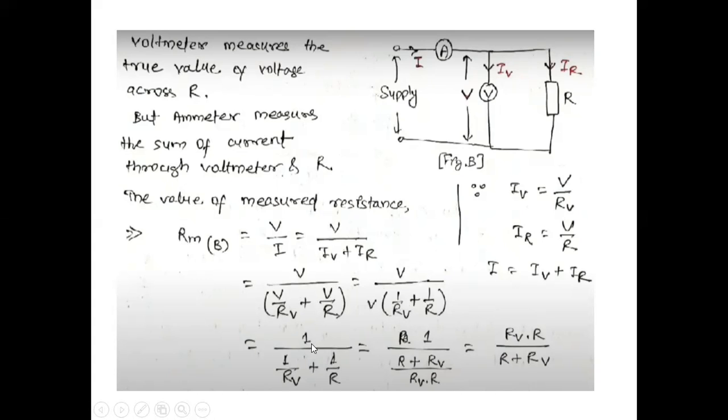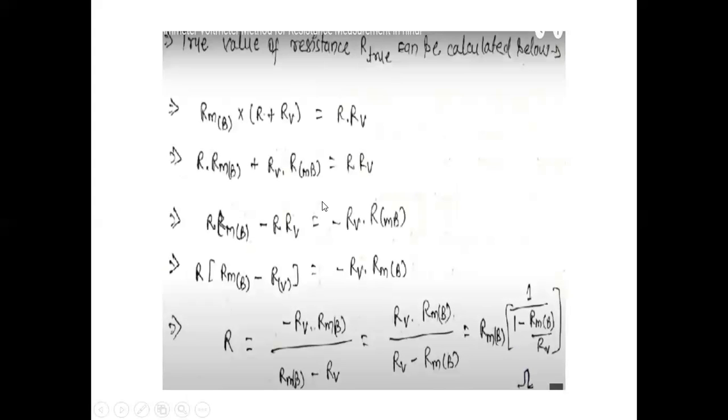V is common, then 1 upon Rm is equal to 1 upon RV plus 1 upon R, which on cross multiplication is R plus RV upon RV into R. So Rm is RV into R upon R plus RV. That is the measured value of resistance, and it will produce some error.